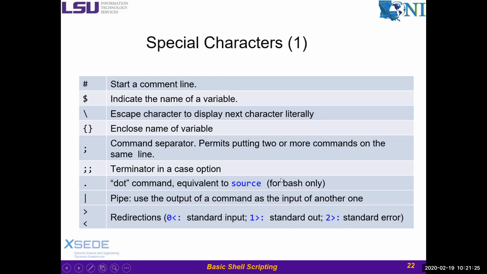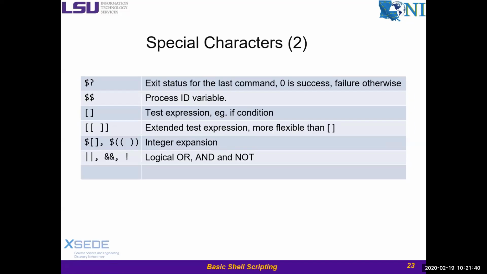So recall what source represents? We just spent a few minutes on that. Also there's the pipe, and greater than or less than, which are redirections we have already talked about in the introduction to Linux. And also the process ID, test expression, and integer expansion, which we will explain in the next part about arithmetic operation.